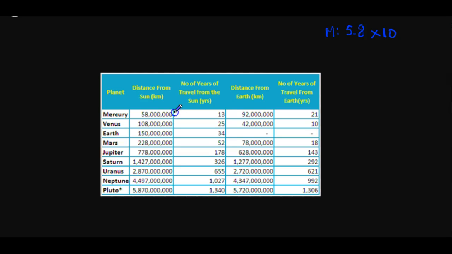How many spots has it moved? 1, 2, 3, 4, 5, 6, 7. So it's times 10 to the power of 7. If you're ever unsure, you can check it on your calculator, but sometimes your calculator doesn't like big numbers either. It will give you the scientific notation answer, which you need to be able to interpret as well.